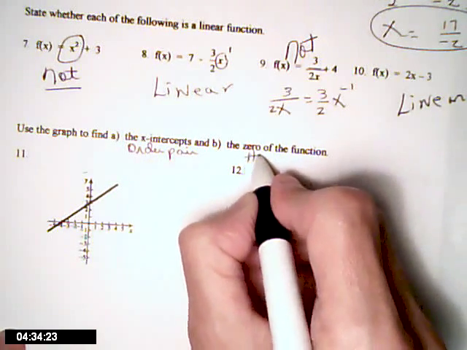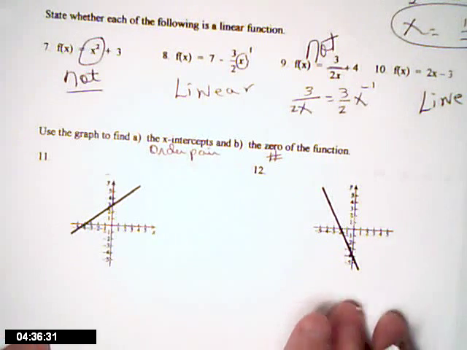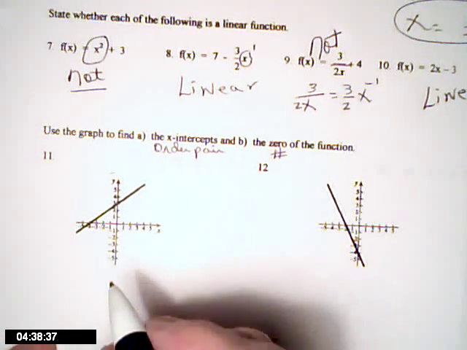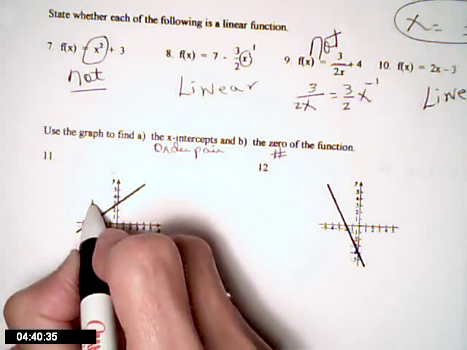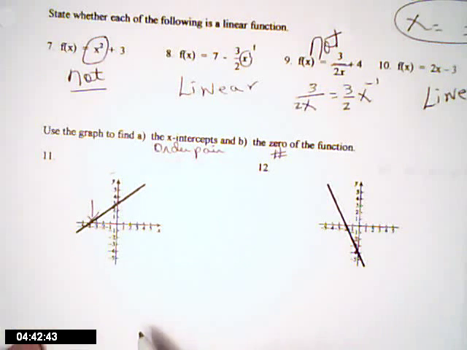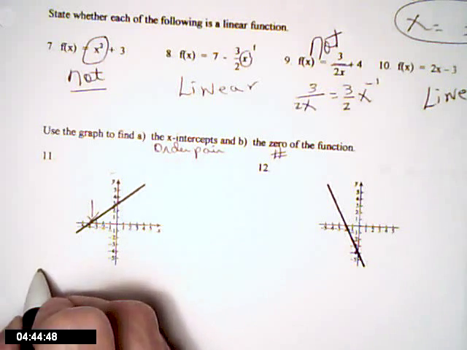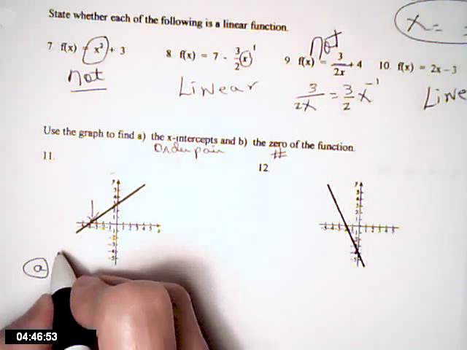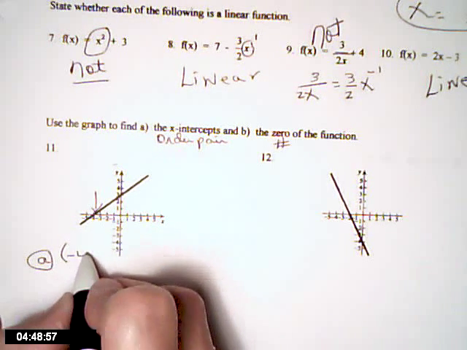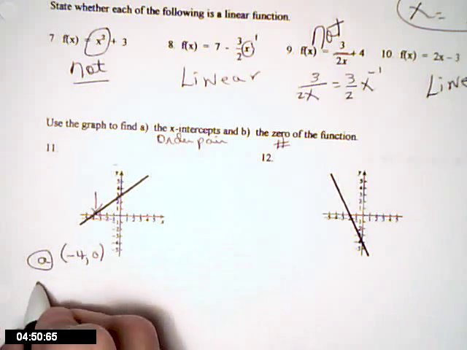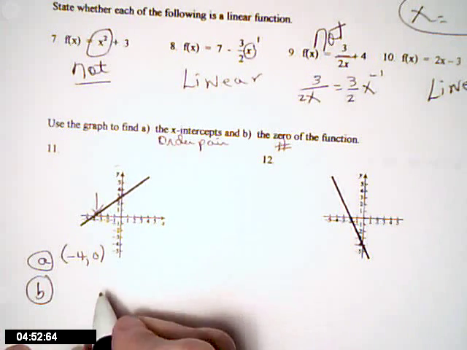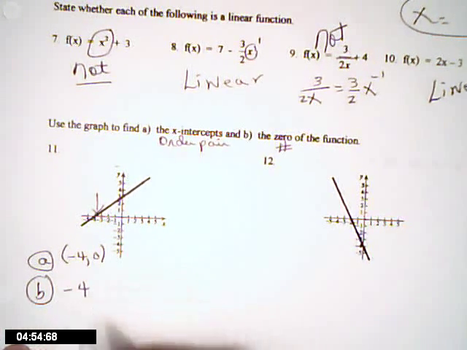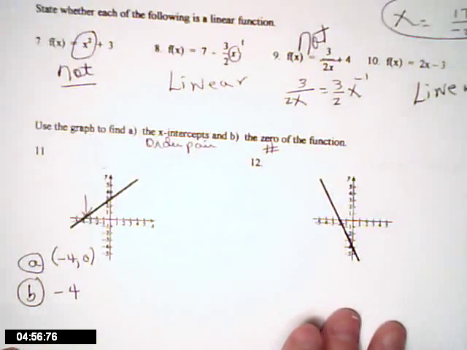Zeros will be written just as a number. So if I look at problem number 11, here is the point where the graph crosses the x-axis. And A, the ordered pair for that, is negative 4, 0. And B, when it asks me what is the zero, is just the number negative 4.